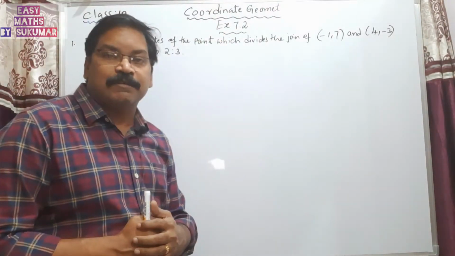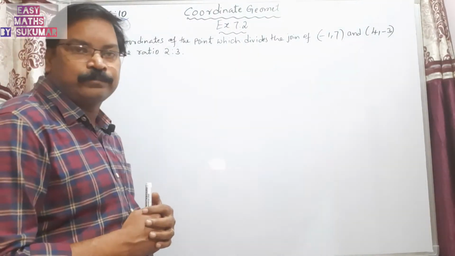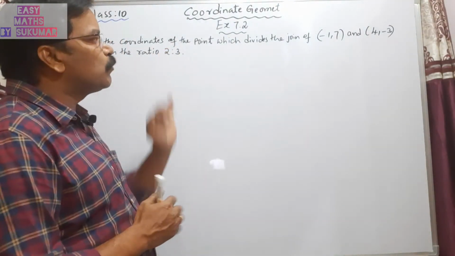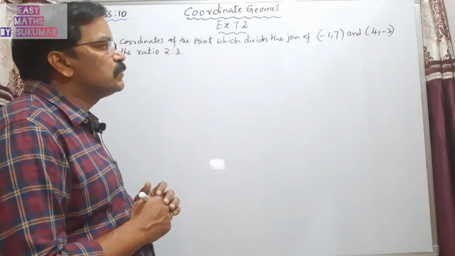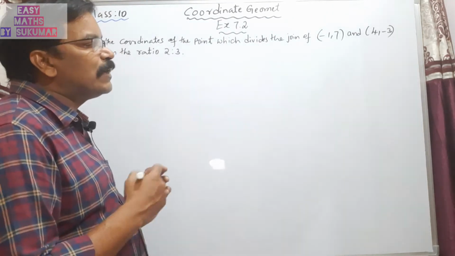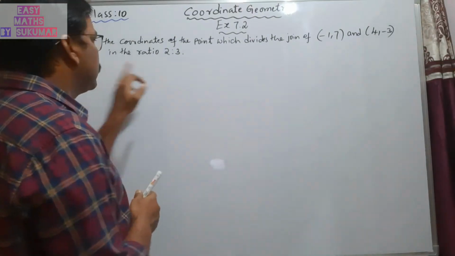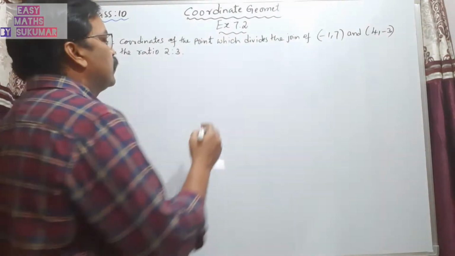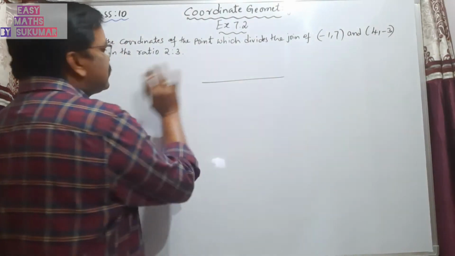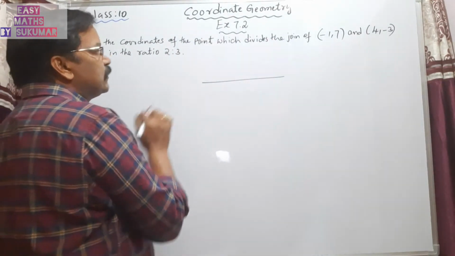Now exercise 7.2, first question: find the coordinates of the point which divides the line joining (-1, 7) and (4, -3) in the ratio 2:3. I will show you this entire data in this figure.